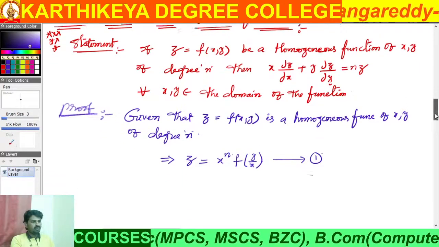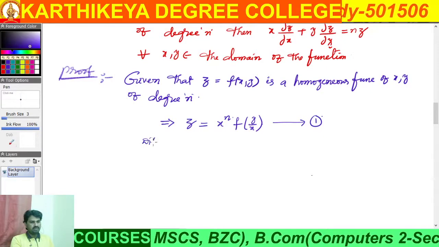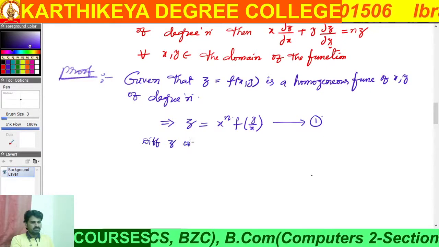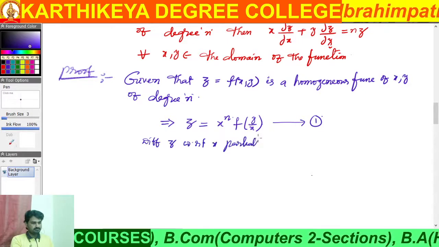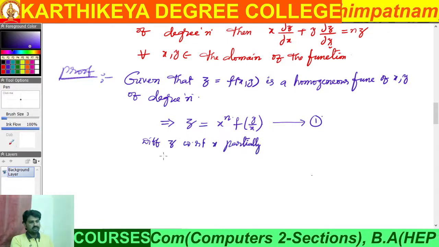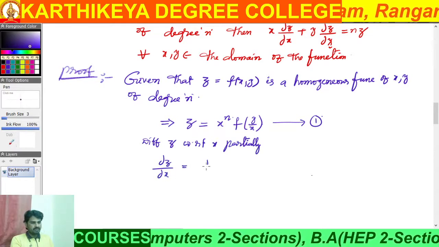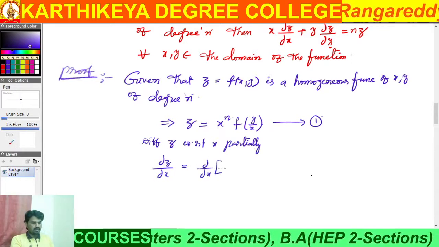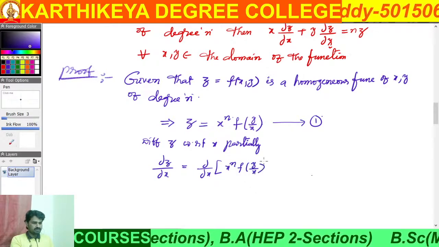Now we differentiate z with respect to x partially. That means dou z by dou x is dou by dou x of x to the power of n into f of y by x.